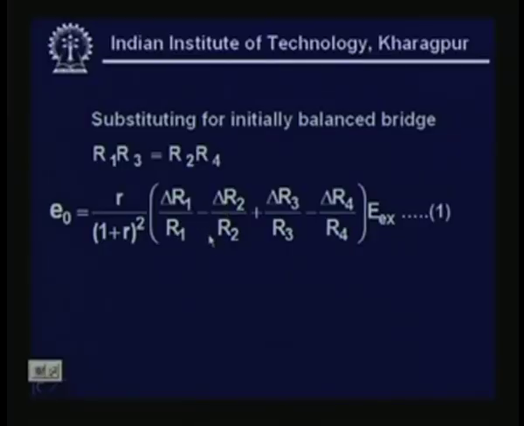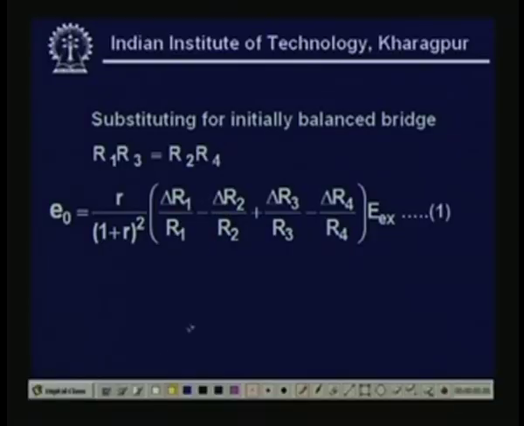This equation is very important, because by looking at the negative terms, we can tell where to put the gauges R2 and R4, because that will make our bridge output much higher. In any instrumentation system we always want the output to be higher and higher, so that our sensitivity will be high.